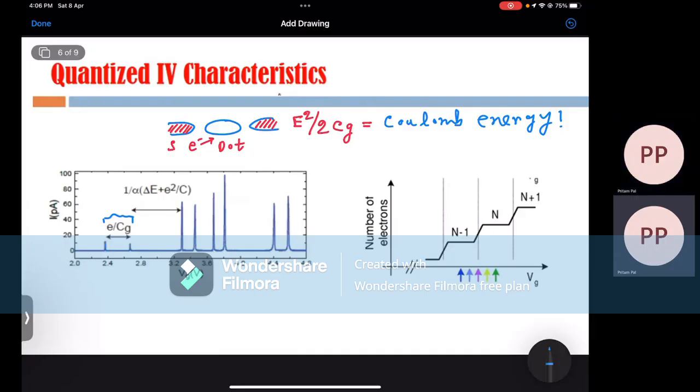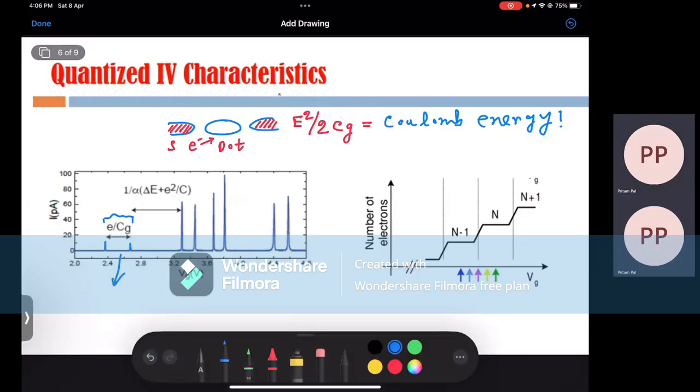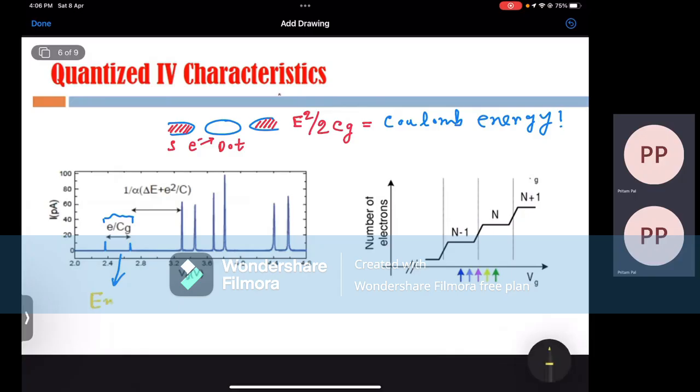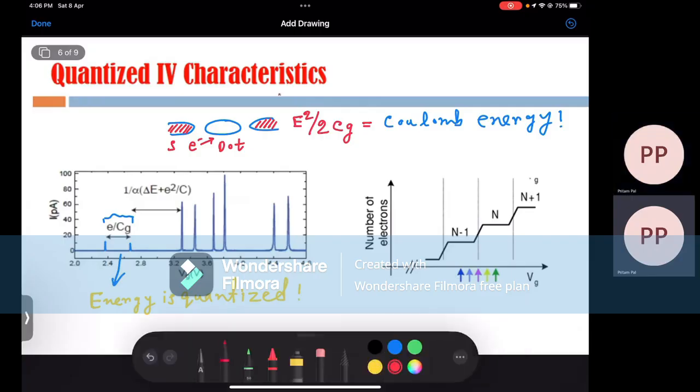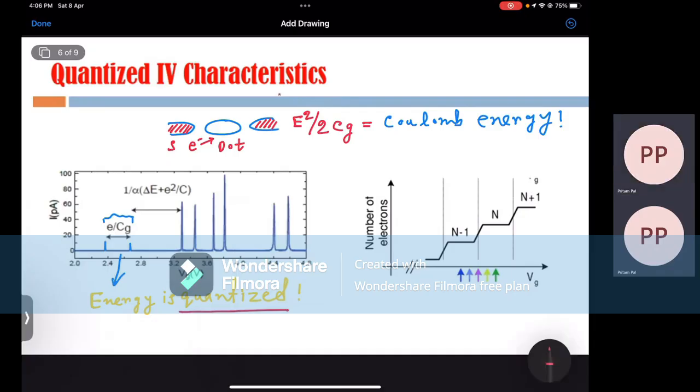The energy is quantized, right? And you can see here, only for a particular energy, E square over 2 Cg, but in terms of voltage you want to see, right?